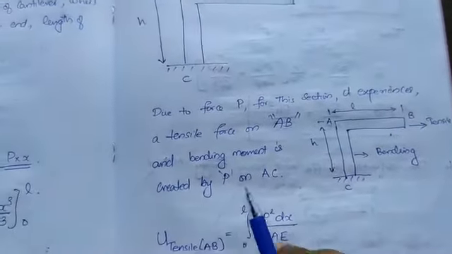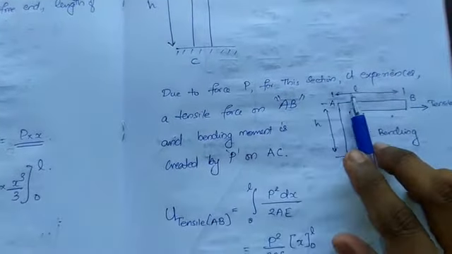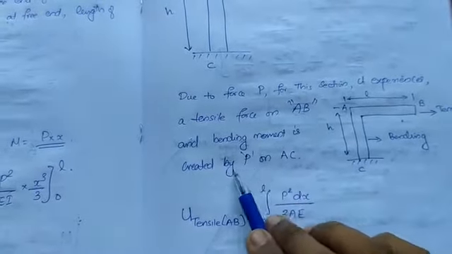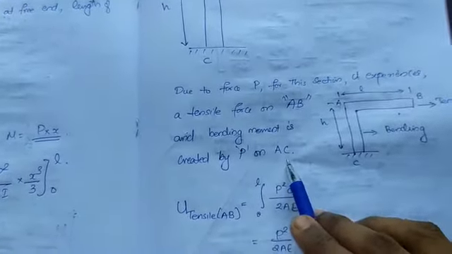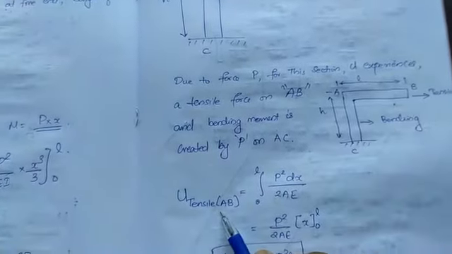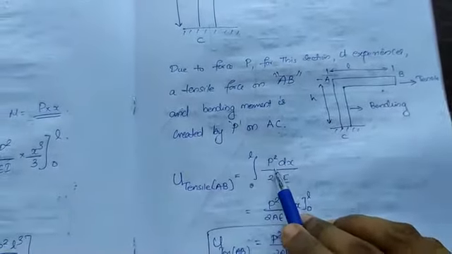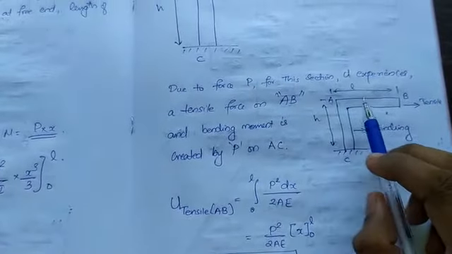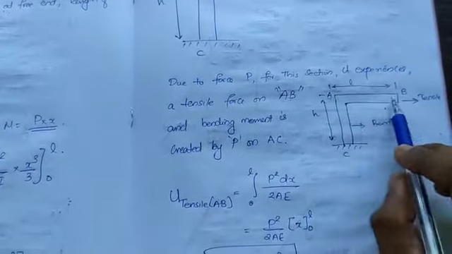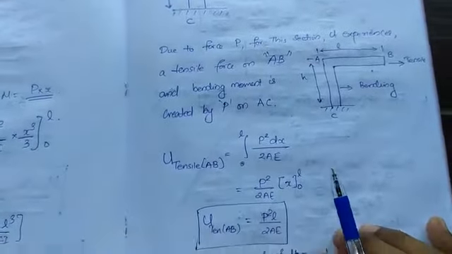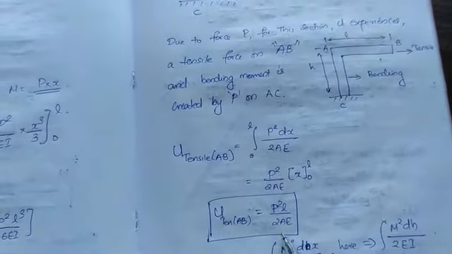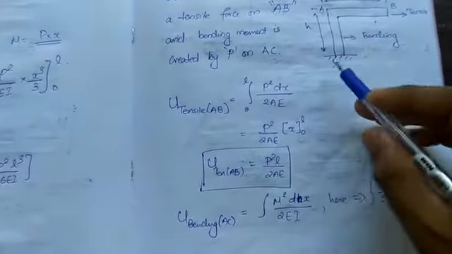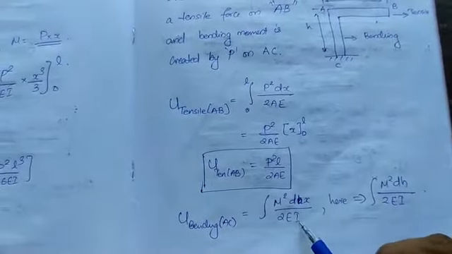So here due to force P, the section experiences a tensile force on AB and a bending moment is created by P on AC. Due to tensile load, the strain energy will be P square dx by 2AE, from 0 to L. Total distance is L. Then you will get P square L by 2AE. Now for bending in AC, M square dx by 2EI.